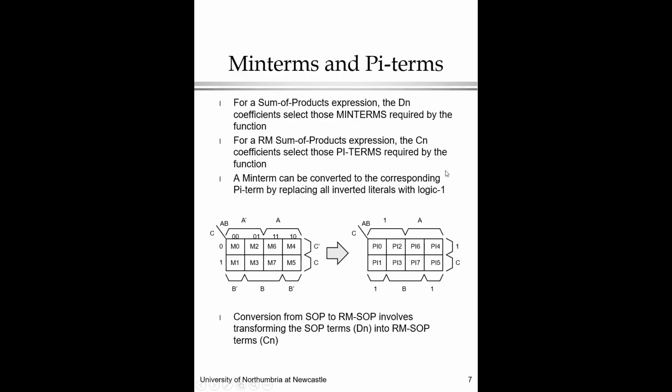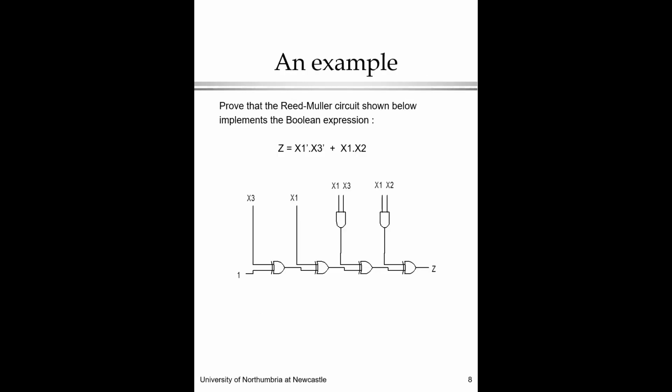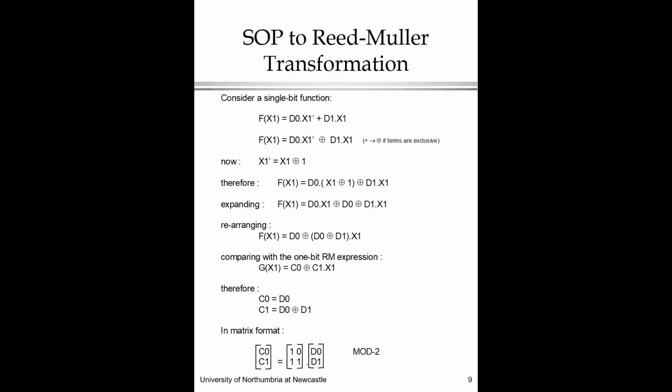These min terms and pi terms will explain to you how exactly we use this sum of products to convert the corresponding circuit into AND gates and XOR gates. You can read through quickly on this one. This is more of an FYI for you.